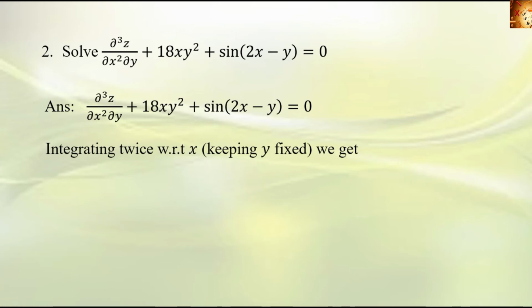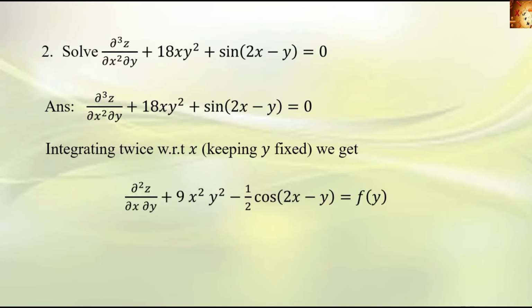the first step, integrating twice with respect to x, keeping y fixed. On the first integration we get dou square z divided by dou x dou y plus 18y square, keeping y constant, then the integral of x means x square by 2. So this is 9 x square y square. Then the integral of sine of 2x minus y is minus cos, so minus cos of 2x minus y divided by the coefficient of x, that is 2.